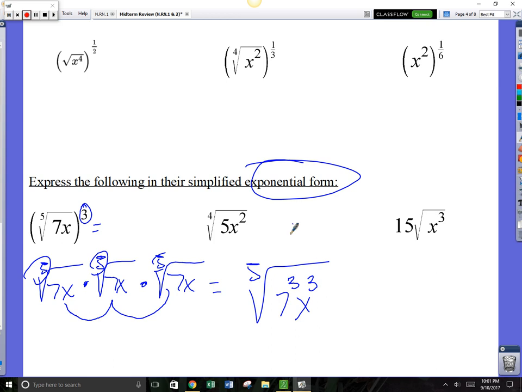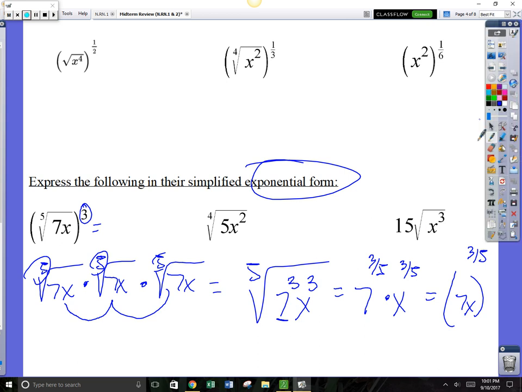Now, if I morph this to its exponential form, doing one at a time, that's 7 to the 3/5 times x to the 3/5, and that's fine. Or it's 7x to the 3/5, either one.